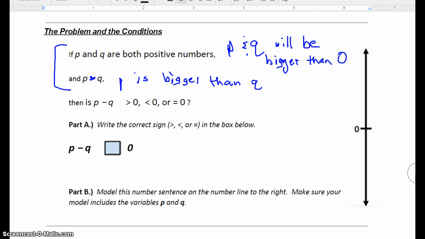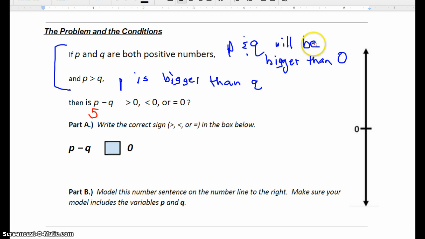So here's what you can do. Now that you have the rules, you can replace P and Q with numbers that follow the rules, that follow the conditions. So I'm going to pick a number for P. Let me erase this here. I'll use 5.